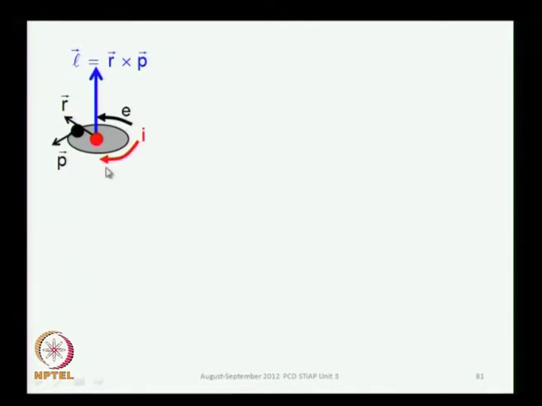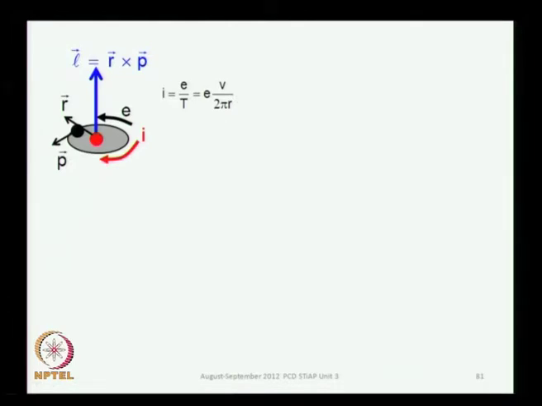And this current, loosely speaking, although we are using this old quantum theory and orbits which we know do not really exist, is the rate at which the charge goes, which is e over the time it takes to go through this orbit, and that will be the ratio of the velocity to the circumference.